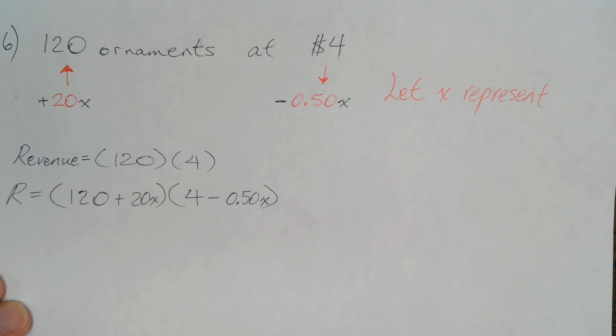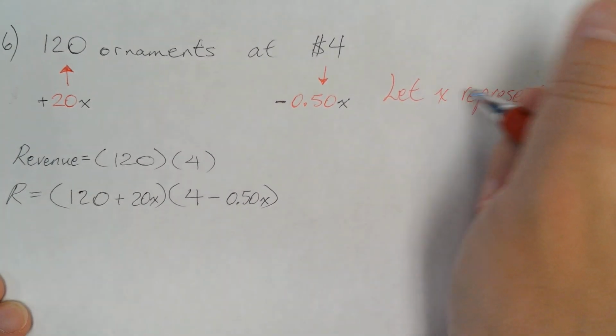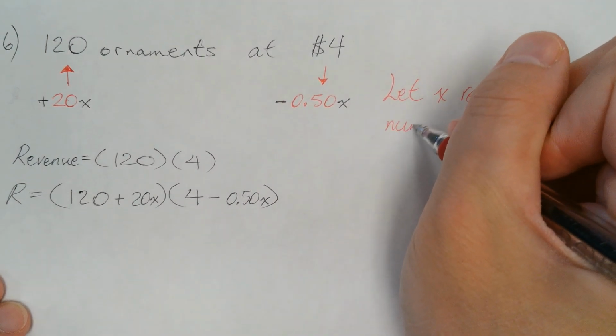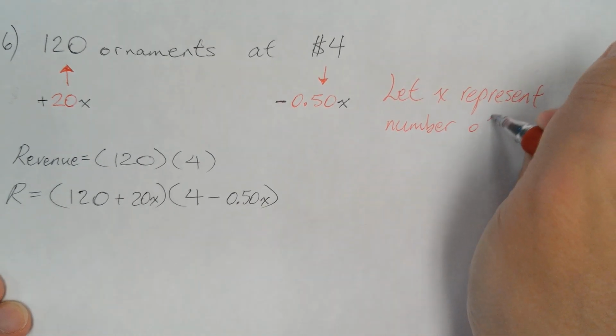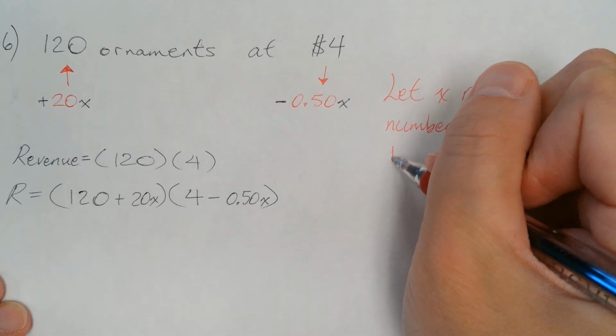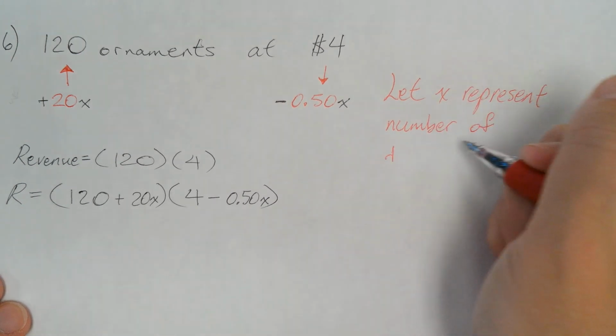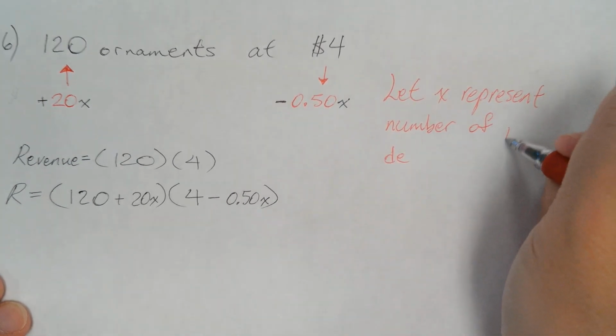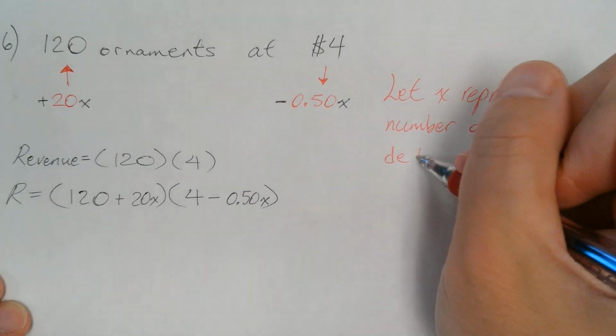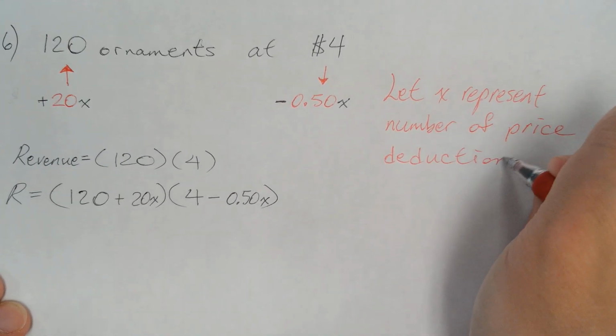Okay. For each 50 cents decrease in price, you can sell 20 more. So for each 50 cents decrease, your x represents the number of price deductions.